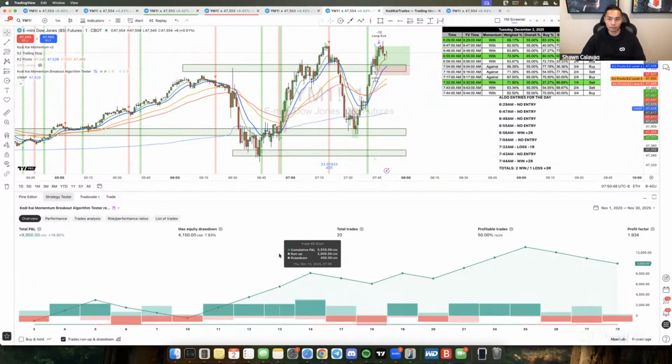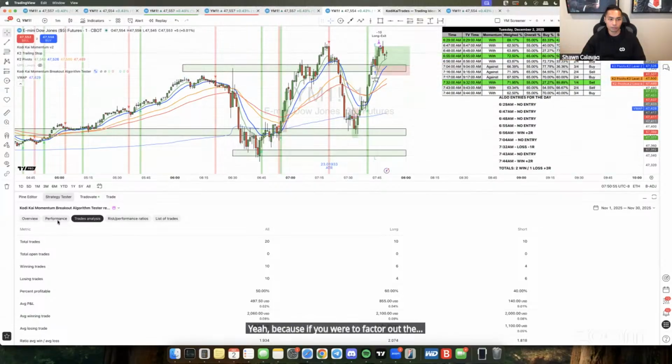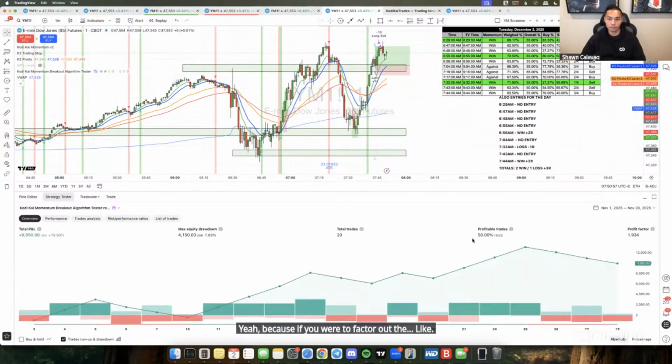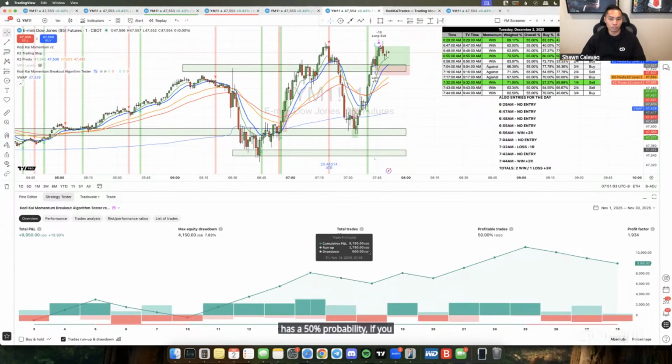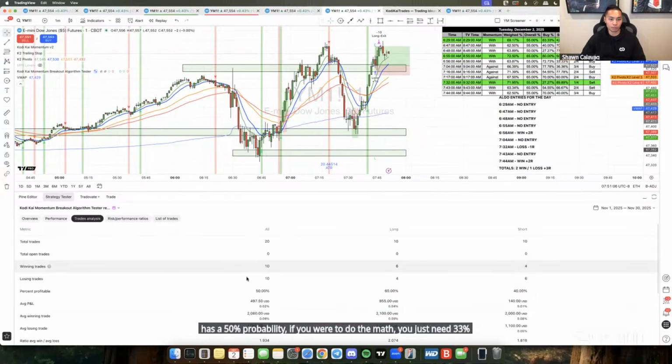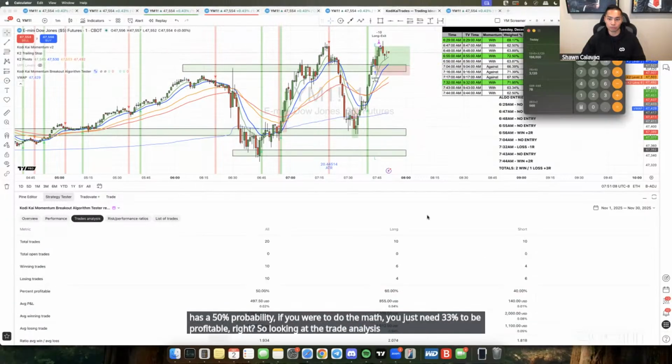Think about it. Because this still has a 50% probability, right? If you took this trade every single day, it has a 50% probability. If you were to do the math, you just need 33% to be profitable, right? So looking at the trade analysis over here, let's just do the math real quick. I'll just show you guys.